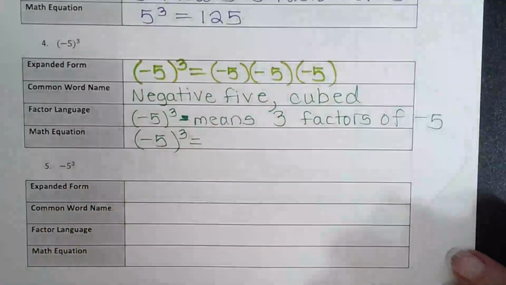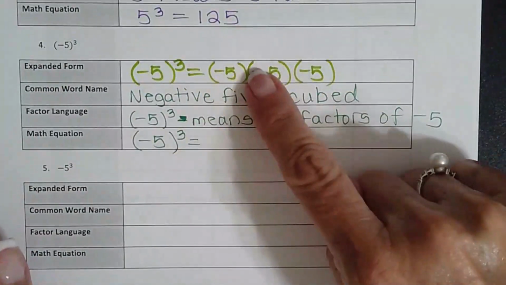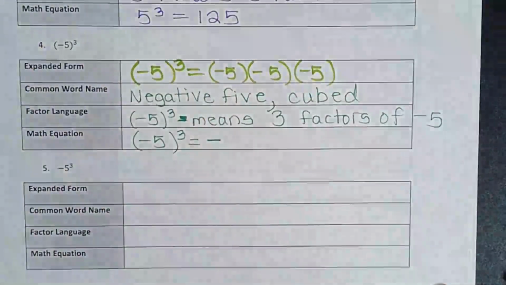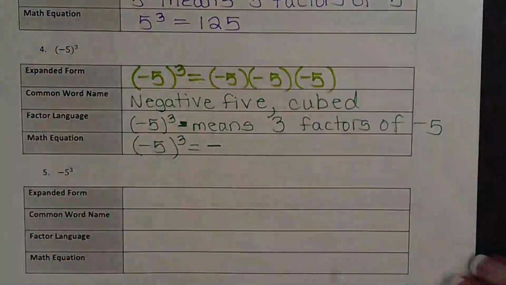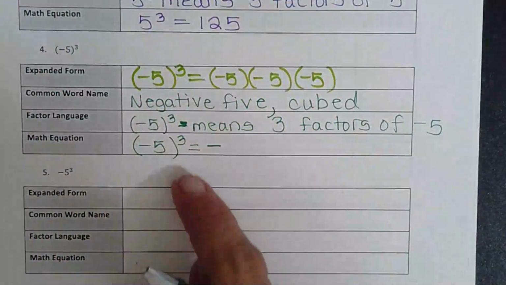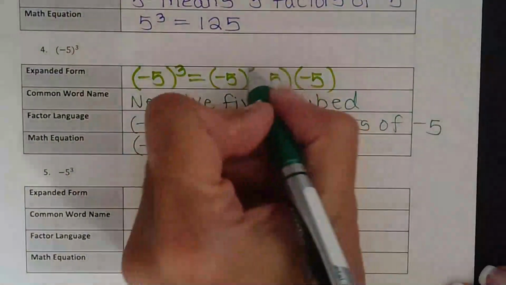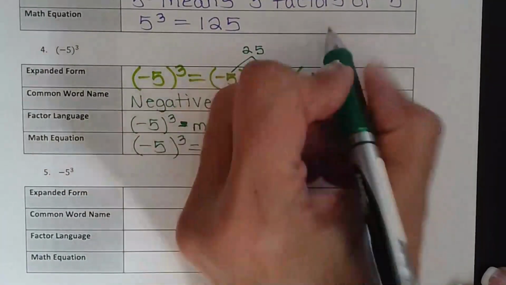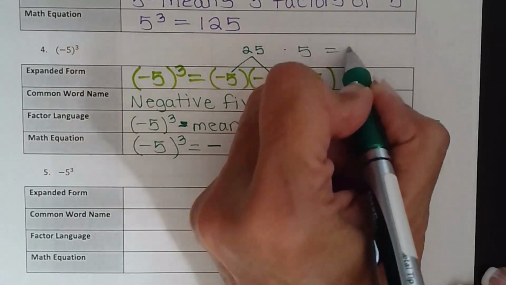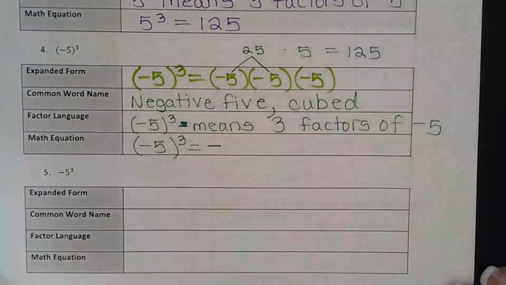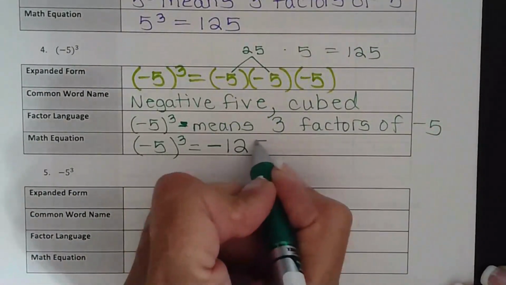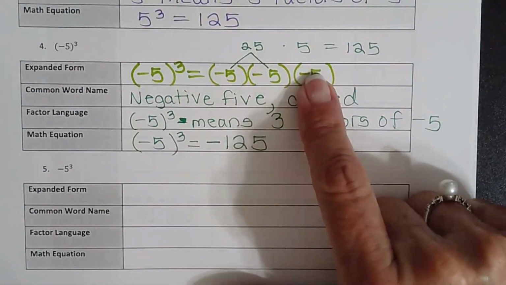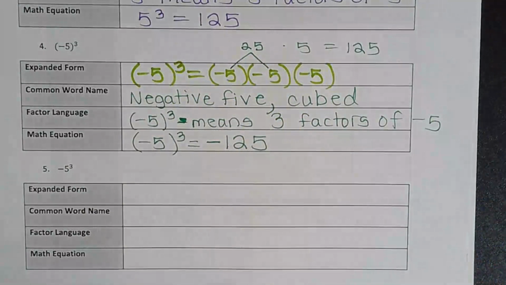So first I do my sign. 1, 2, 3 negatives. That's an odd number, negative answer. And then I do the same thing we did back here. I ignore the signs. I already know the sign of my answer. So I just go down the row and do the same thing. 5 times 5 is 25. 25 times 5, we already said on the problem above, is 125. So sign first, 3 negatives, odd number and negative, negative answer.